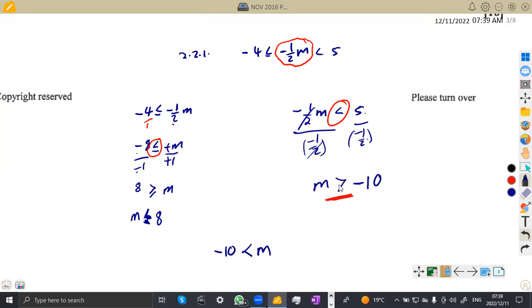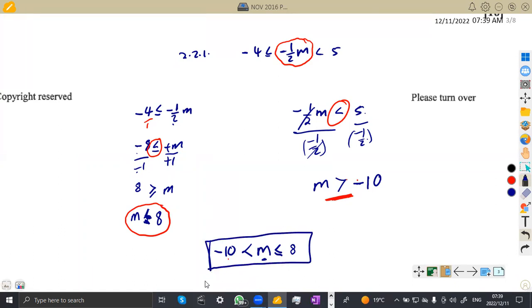The arrow is still pointing at -10, just like here. It must not change that. But the same m that we are talking about is less than or equal to 8. So that's the final answer that you can have.